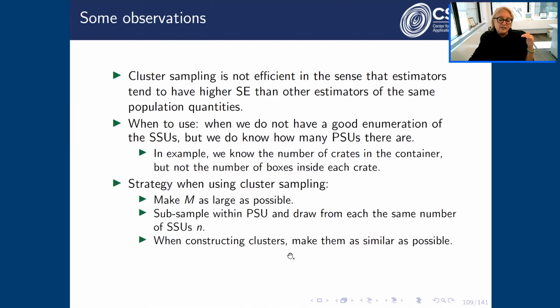So instead of opening every box, randomly sample boxes within a cluster, and that will allow you to have more clusters in your sample, and that will make your standard error lower. So you always want to maximize the number of clusters you can afford to sample. And the other thing you can do is make sure that the clusters you construct are as similar, as homogeneous, as you can make them. Sometimes you cannot do that.